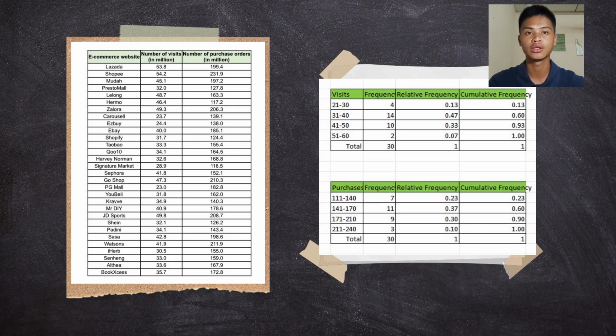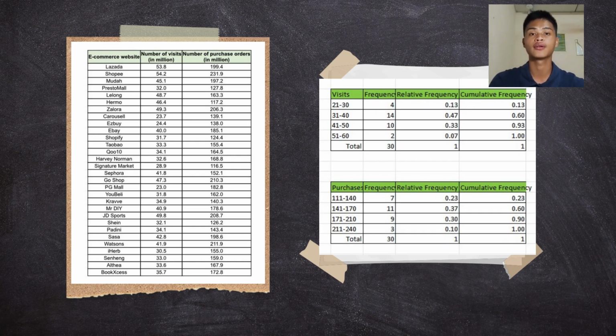The second range, when you add the first and second range, will become 0.60. The third, when you add range 1, range 2 and range 3, will become 0.93, and the last range, when you add it all, will become 1. So the final answer is 1.